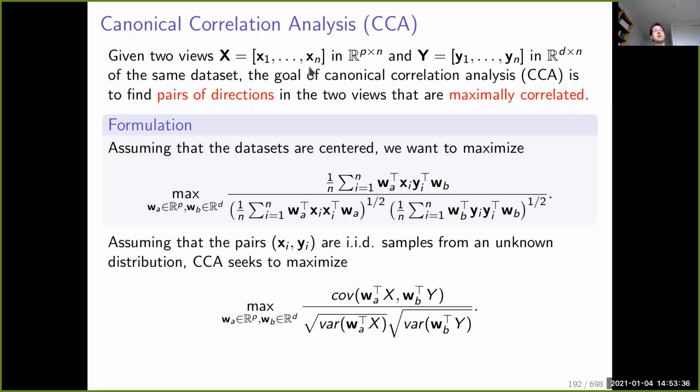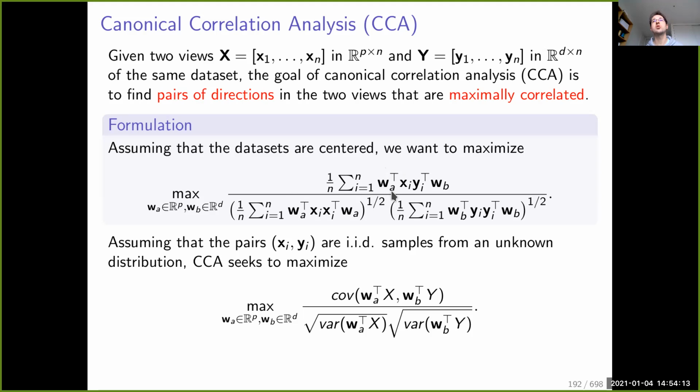X here is a matrix in P times N, and Y is a matrix in D times N. And you are going to look at the projection of the first view onto WA and the projection of the second view onto WB. That gives you these projection coefficients, WA transpose XI. Here I assume, by the way, that the W are normalized in some way, but let us maybe forget about that at the moment.